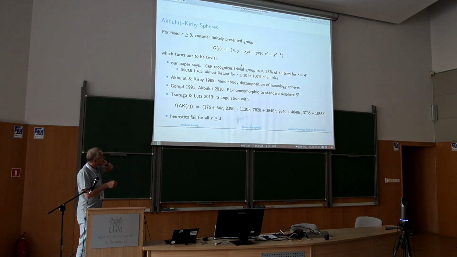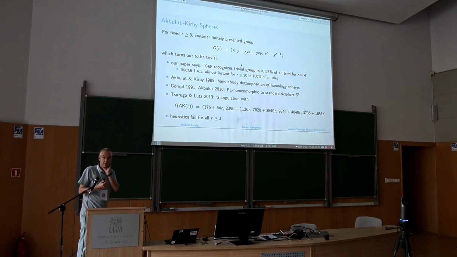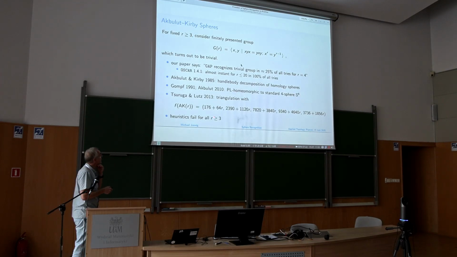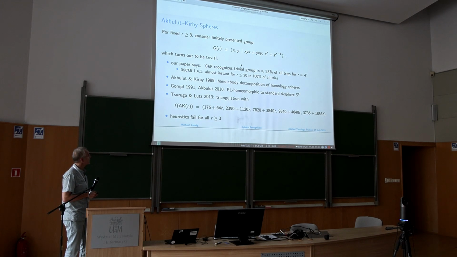And it was clear to them that these are homology spheres, but they did not know if these were actual spheres or not, and they were hoping to find exotic spheres. That hope was destroyed a little bit later by a work of Gompf and subsequently by Akbulut himself, who showed, well, these are standard spheres. But it's a non-trivial proof to see that these are non-standard spheres.